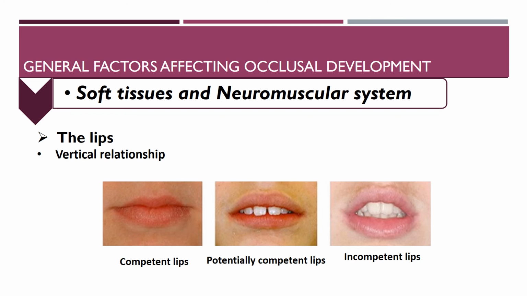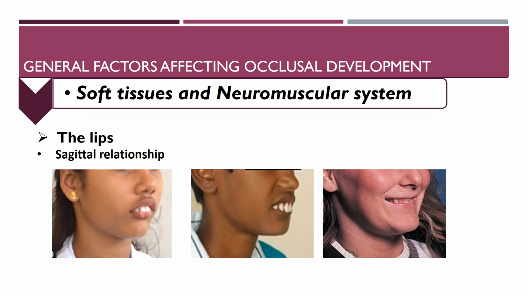For example, as we see in this picture, there are protruding maxillary teeth despite normally developed lips. This is called potentially competent lips. Lips are usually brought together during swallowing and speech movements.